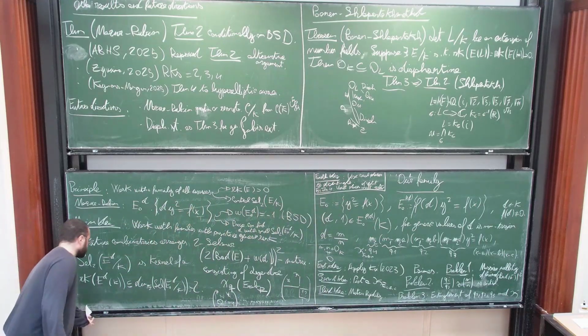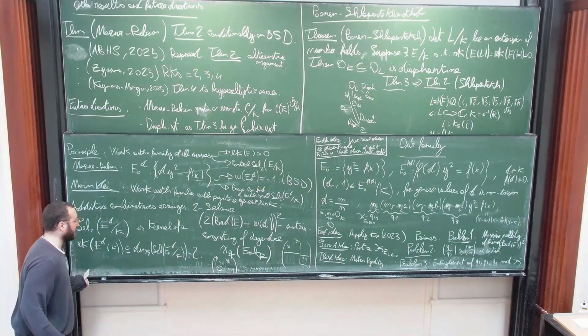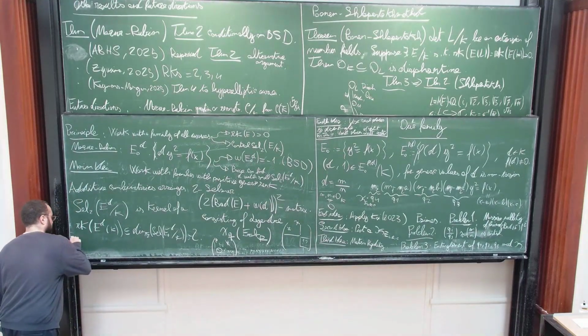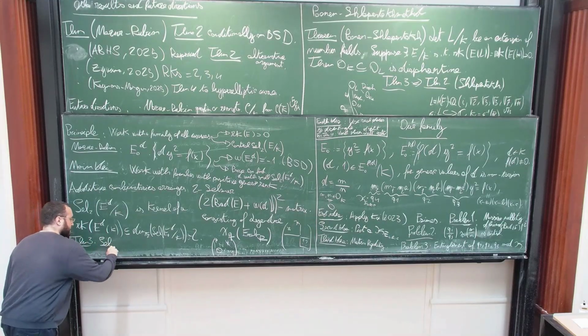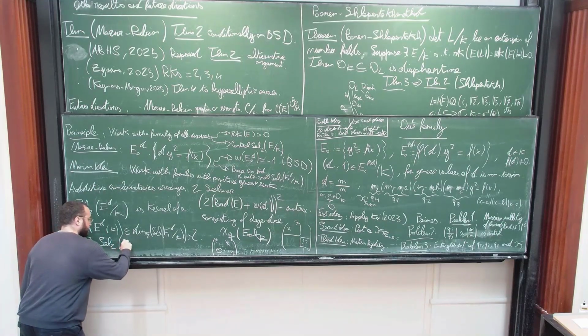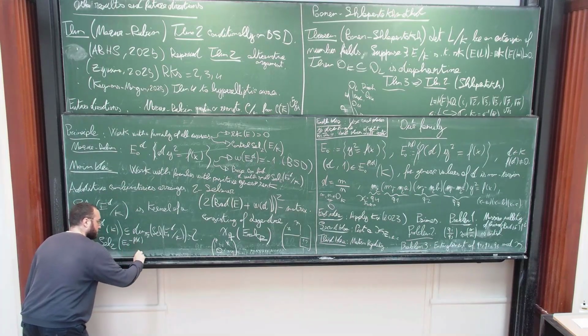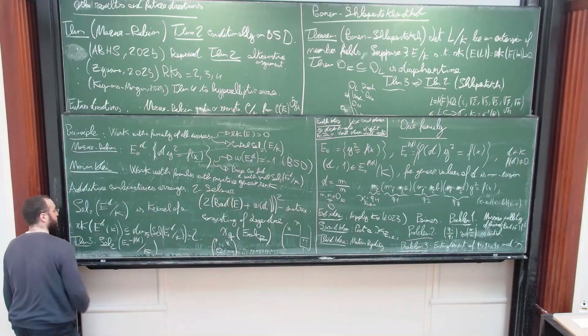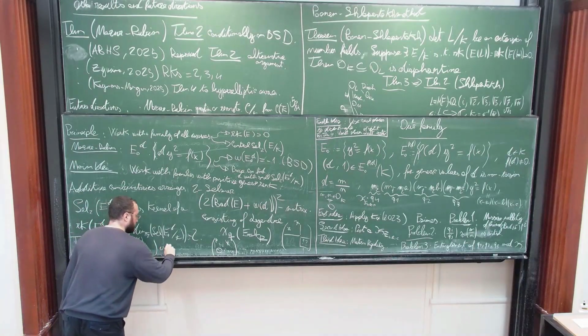So let me just make one final technical remark to say that for theorem 3, the Selmer group that you're controlling is the Selmer group of minus f of d. You want to make sure that this is two-dimensional.